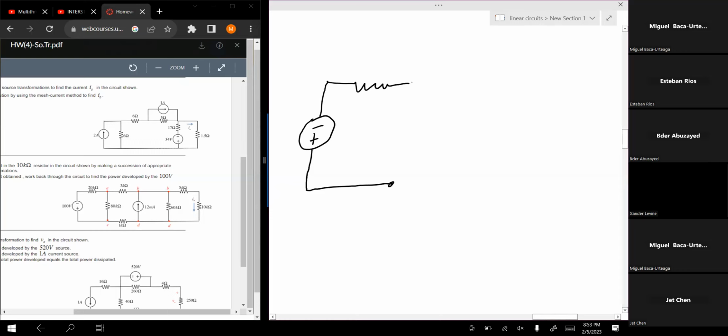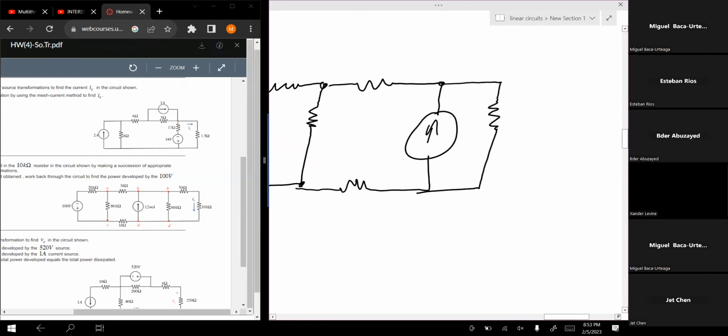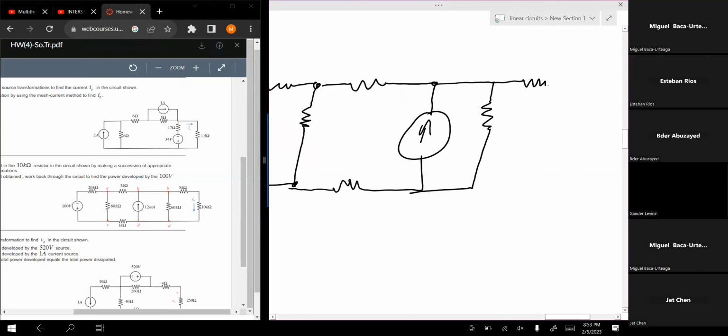So resistor, resistor, resistor, current source, resistor, resistor, resistor, resistor. Perfect. 12 milliamps.